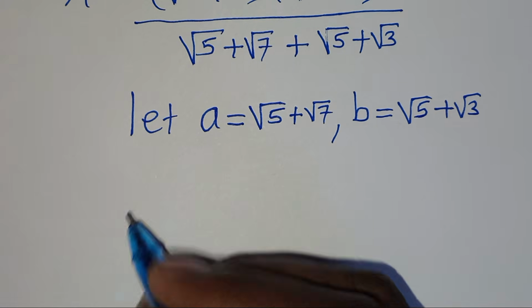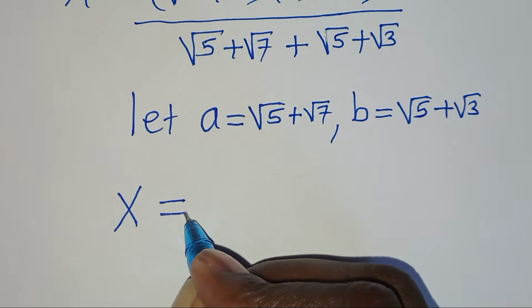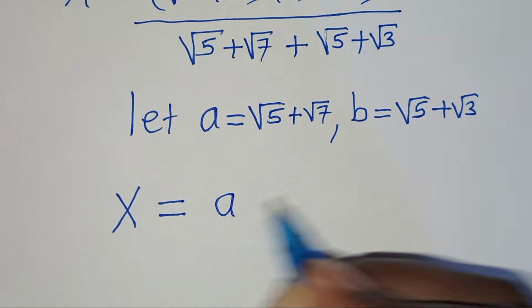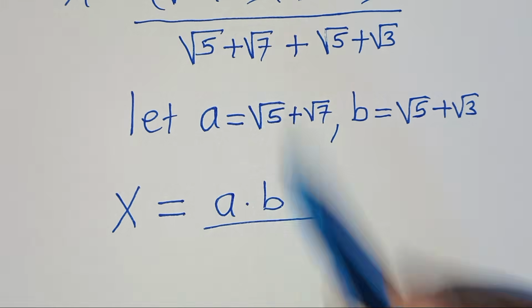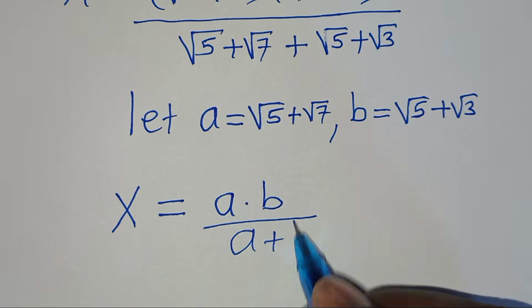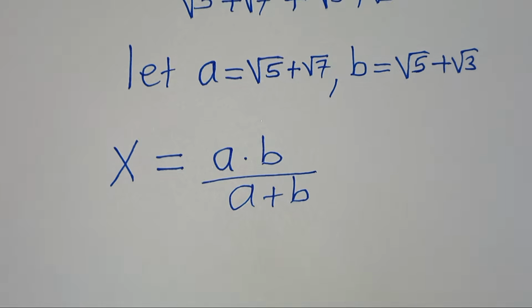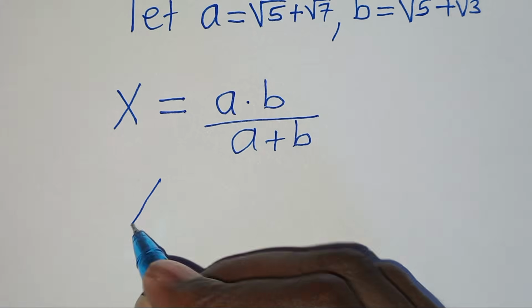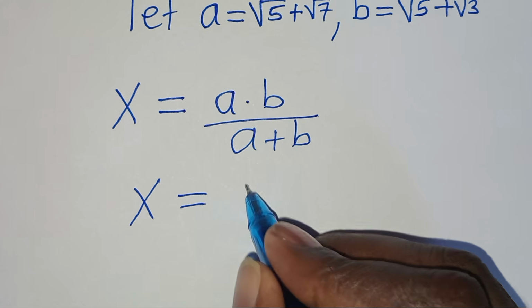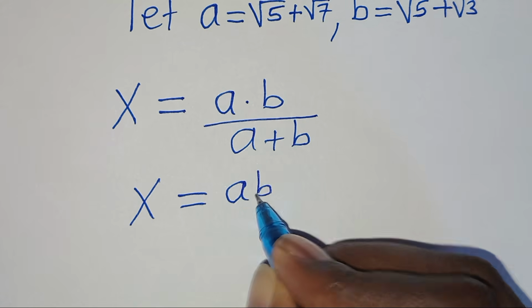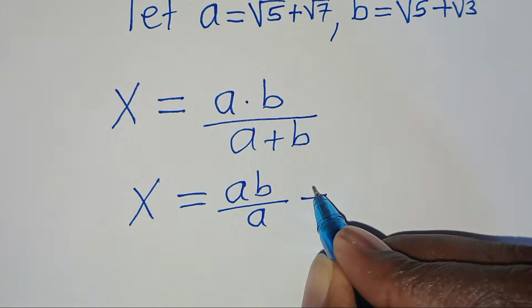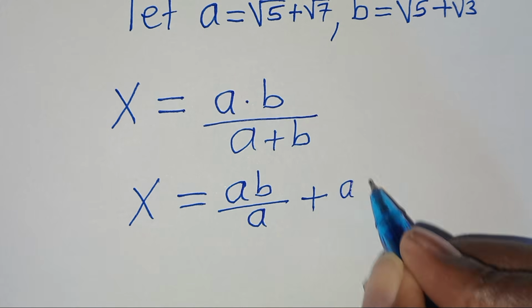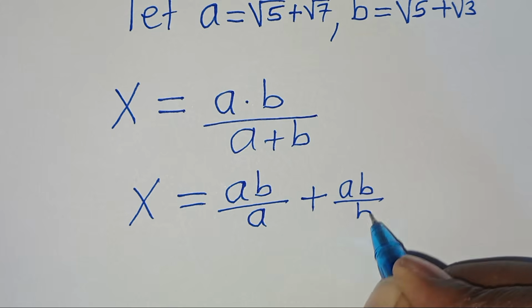So this means that x will be equal to a multiplied by b divided by a plus b. So again we can express x as equal to a, b divided by a, then plus a times b divided by b.